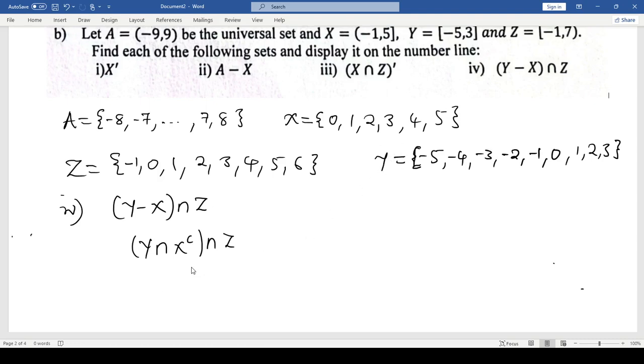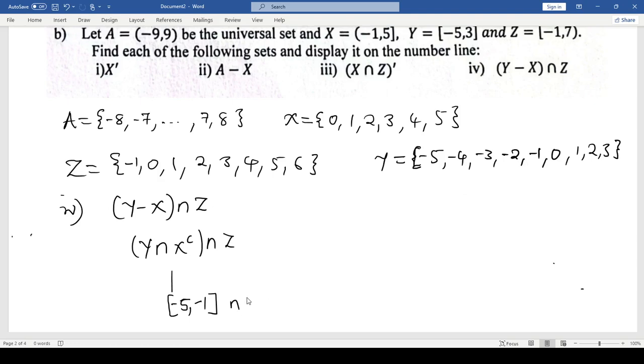So you notice that when we break this one down, this will just give us an interval from -5 up to -1 there, because this is the set x that we have here. Then everything else that is outside here will contain only these elements starting from -5, -4, -3, -2, and -1 there. So meaning that this is the set that we have.